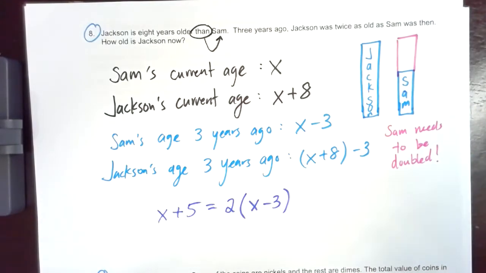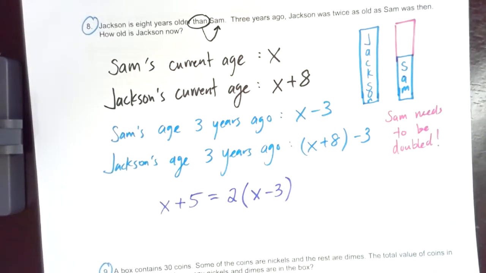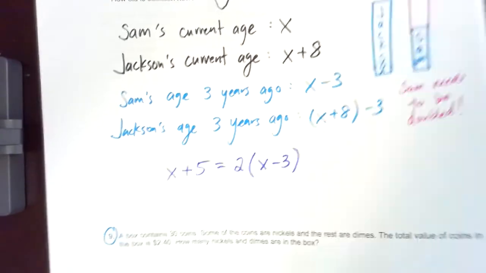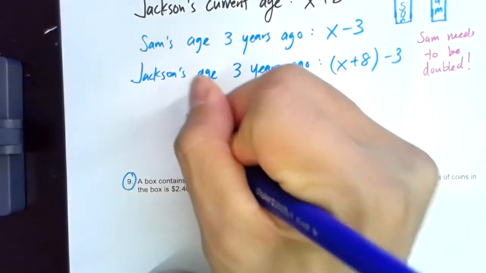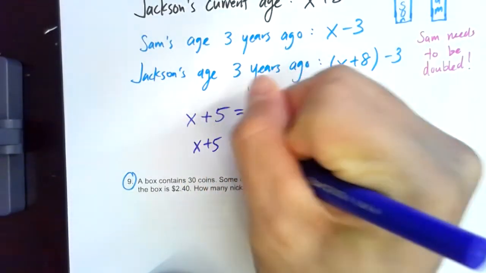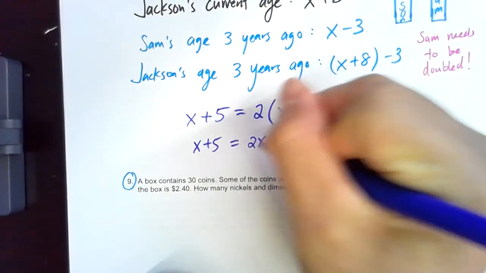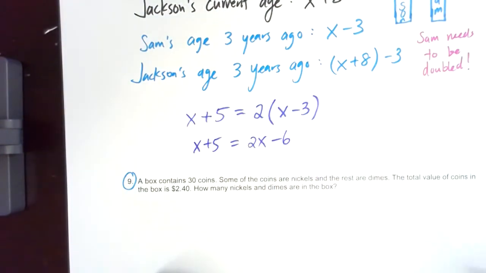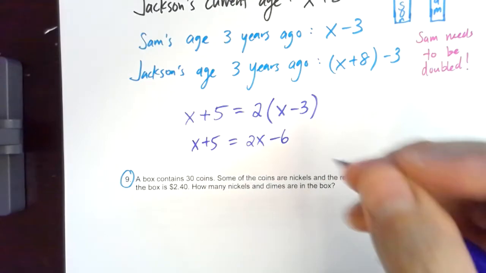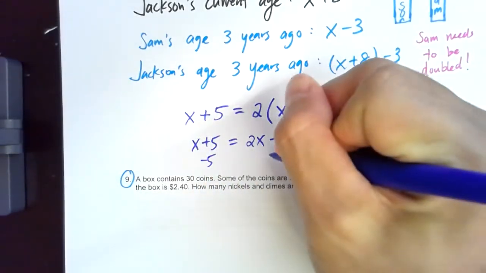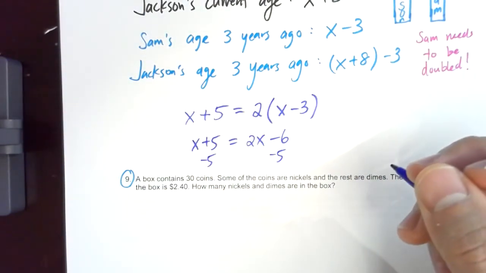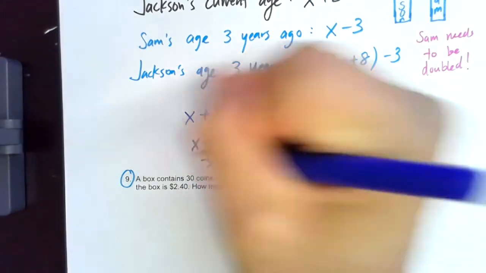That doesn't make sense. You have to double the one that's literally half, right? You can't double the one that's already twice. Okay, I hope that made sense. And obviously, when you check, your answers have to line up as well. But the solving portion is, again, the easiest portion.